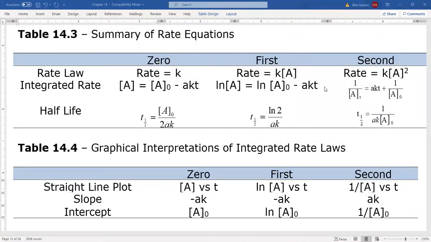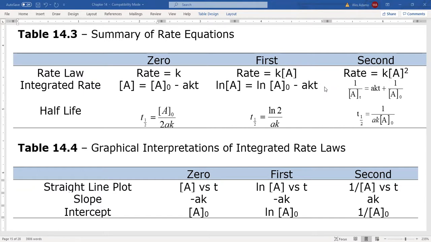All right. This is a table just summarizing our first and our second, which we have focused on in our videos up to this point. There's also 0. That doesn't come up a lot because remember 0 is independent of the concentration, so the rate is just equal to k.